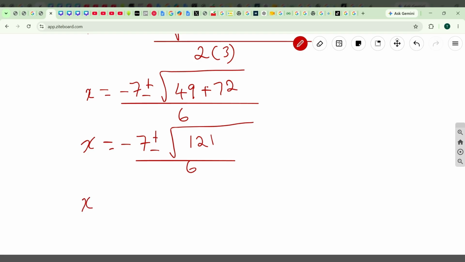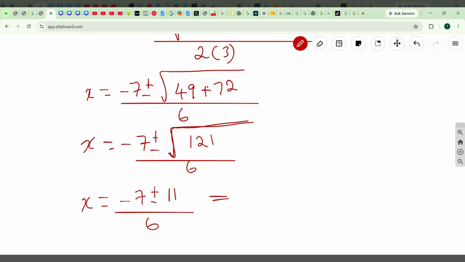So our x is equal to negative 7 plus or minus the square root of 121, which is 11. So I'll put my 11 divided by 6.